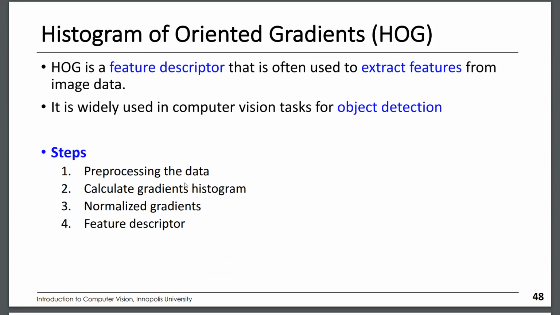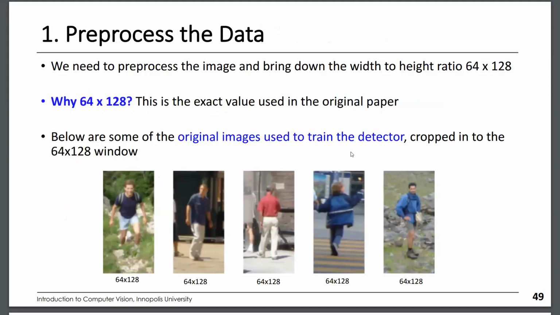So the first step is to pre-process the data. The second step is to calculate these gradient histograms, then normalize these gradients, and then combine them into this feature descriptor. So the first question is, how do we calculate gradient histograms? Very simple, very basic technique. We take all images of the same shape. Why exactly this shape? Well, this is the shape that they used in the original paper.